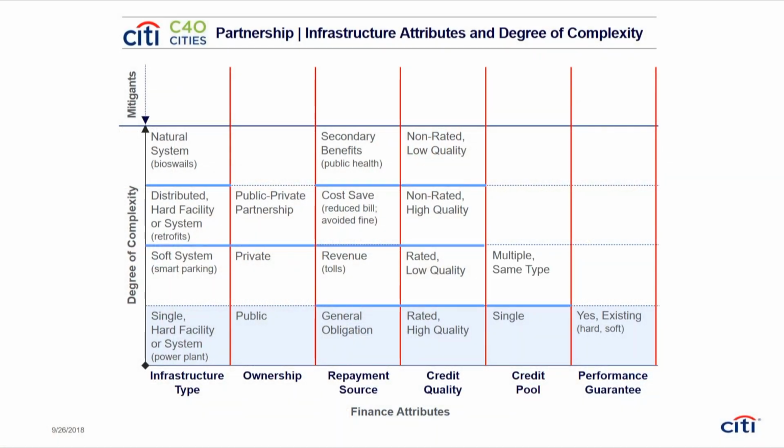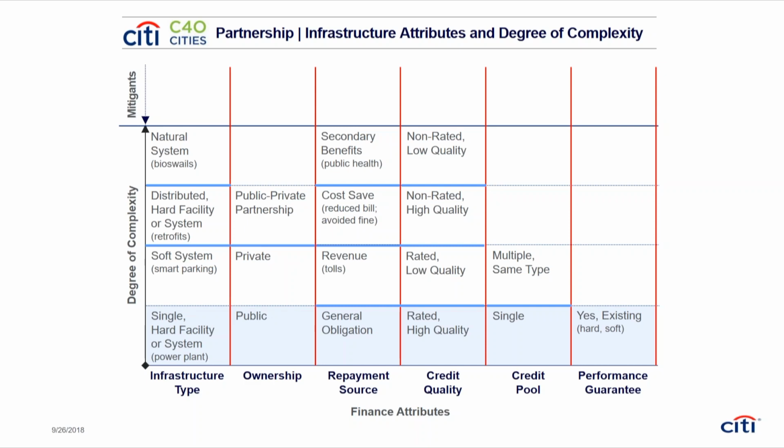Okay, credit pool. What I'm going to do is use an example after I go through all these. So multiple same type would mean single family homes where the credit is all a household or a FICO score.